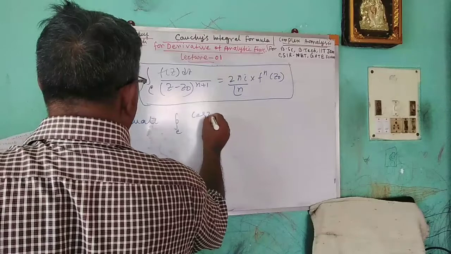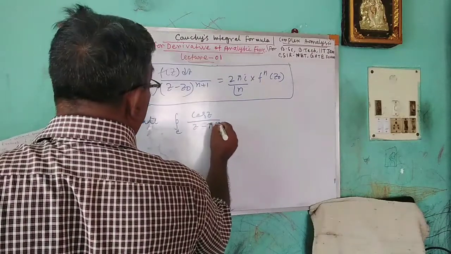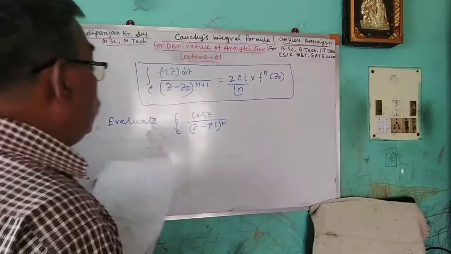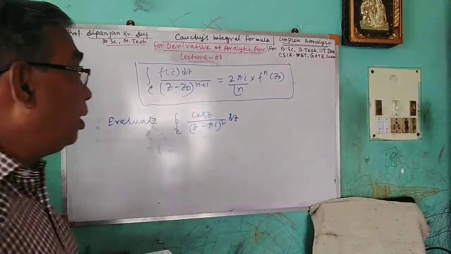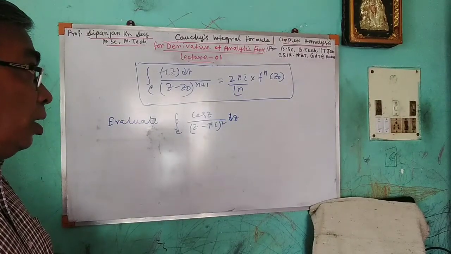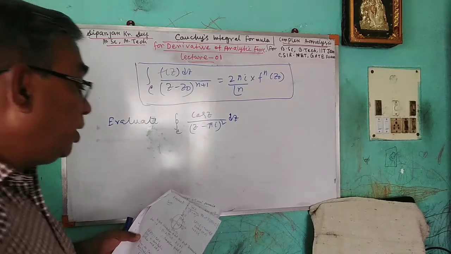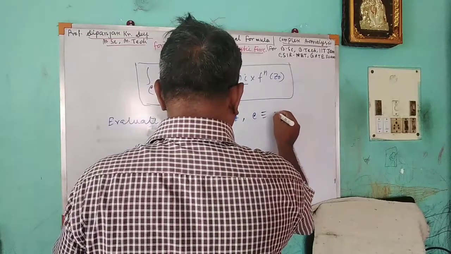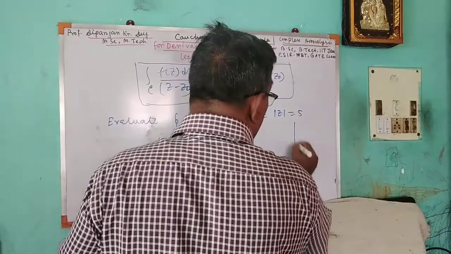the integral of cos z by (z minus pi i) whole square. This power is 2, you see, power is 2. So this integration we have to apply Cauchy's integral formula for derivative, and here C is equivalent to mod z equal to 5.